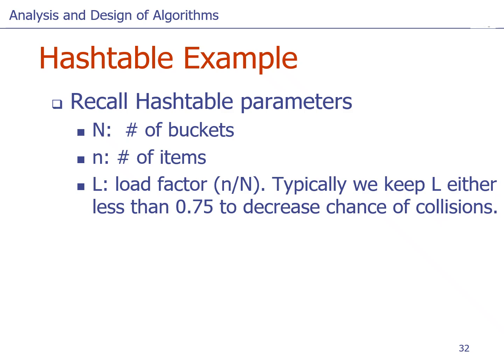And we also had a third parameter, the load factor, which is small n by capital N. The load factor was quite important because we told you then that you have to keep the load factor less than 0.75 to decrease the chance of collision and to always guarantee the nice O of 1 performance, which is quite an amazing performance.